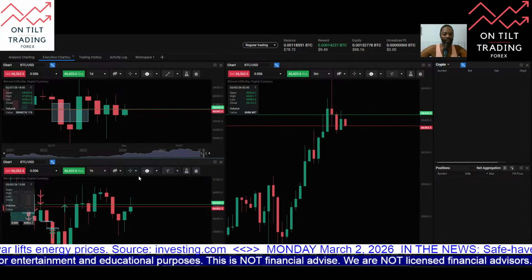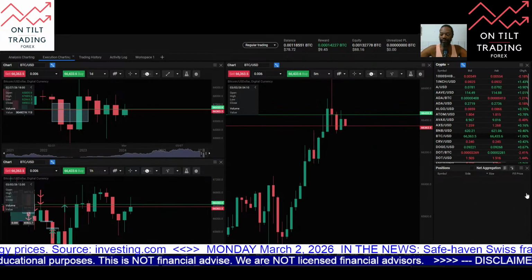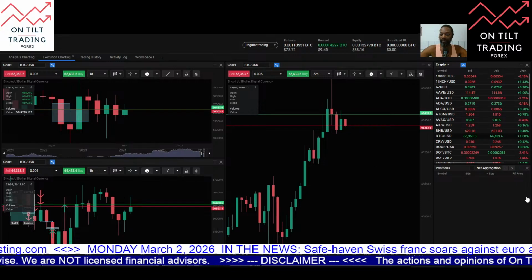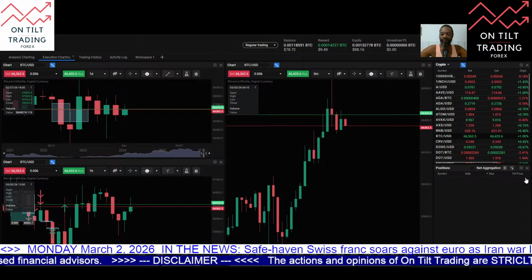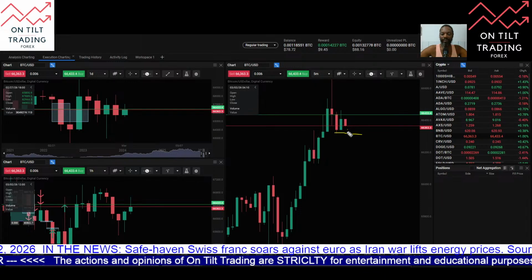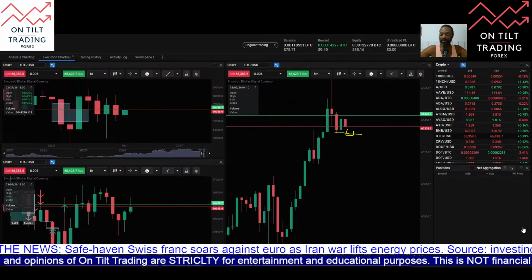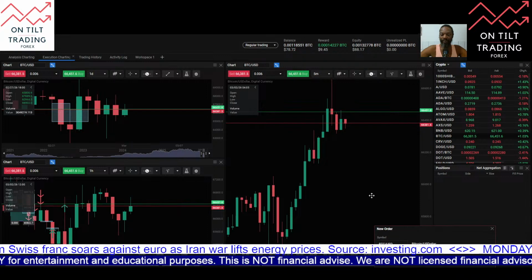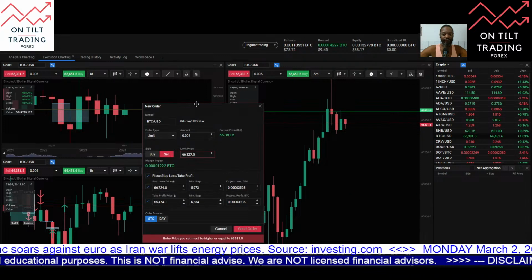So that swing low here is in place. So now with a body candle close below this level here, trade criteria would be met, and I can take a position.